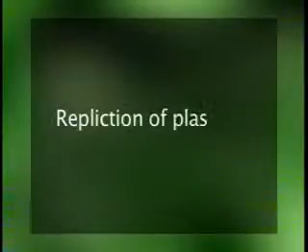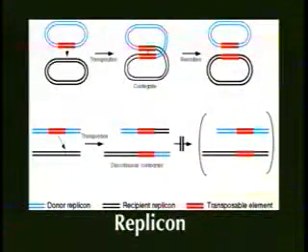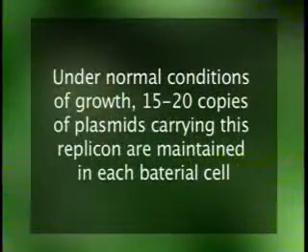Now, replication of plasmids. Most plasmid vectors in current use carry a replicon derived from the plasmid pMB1, which was originally isolated from a clinical specimen, and its close relative is called the ColE1 replicon. Under normal conditions of growth, 15 to 20 copies of plasmids carrying this replicon are maintained in each bacterial cell.